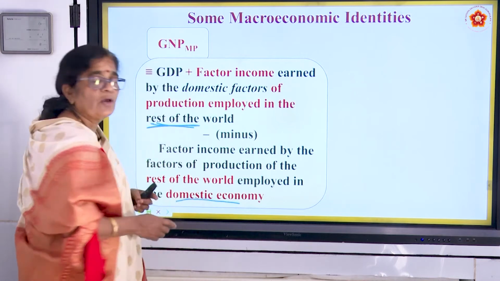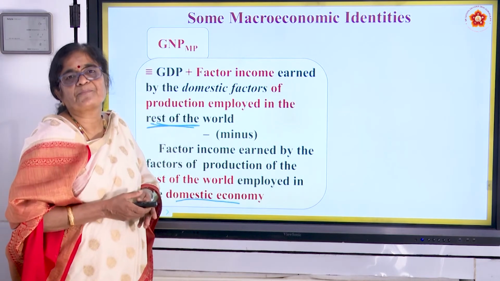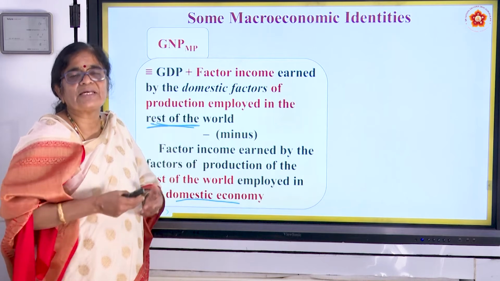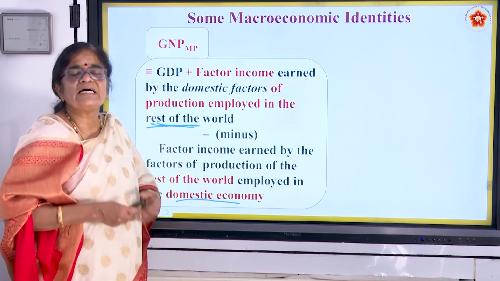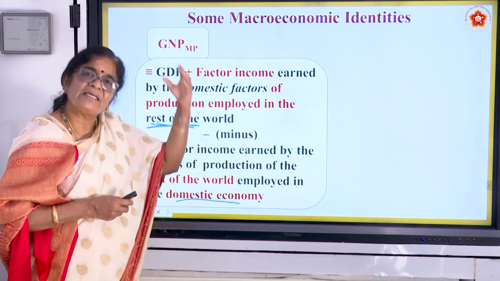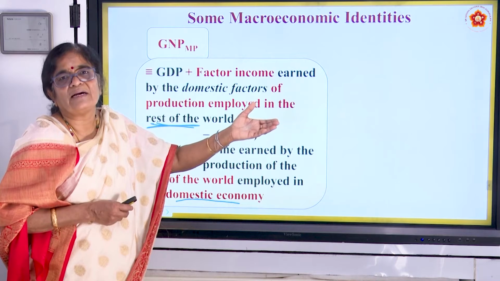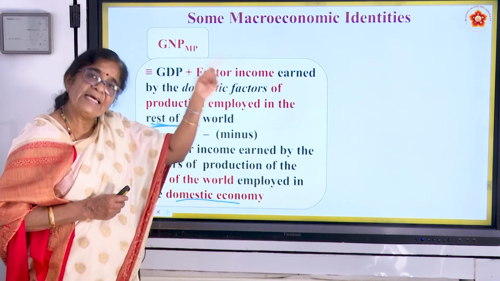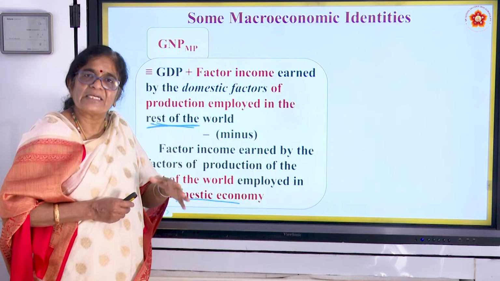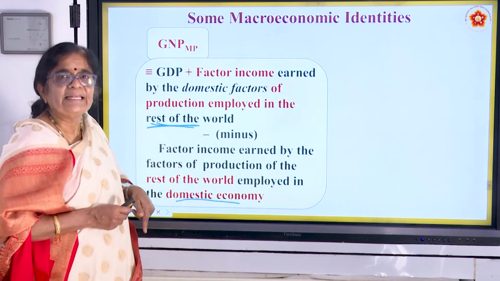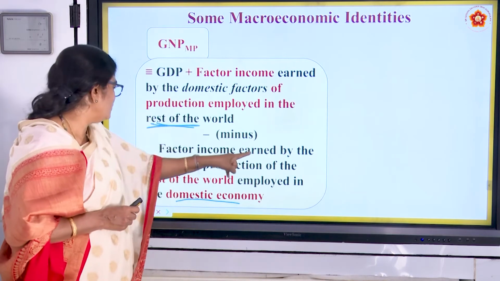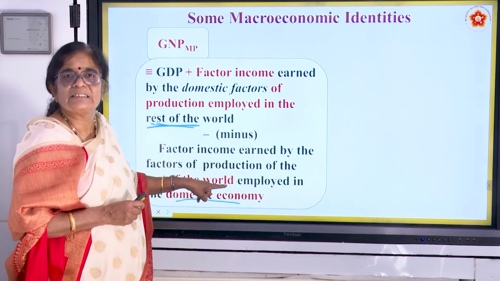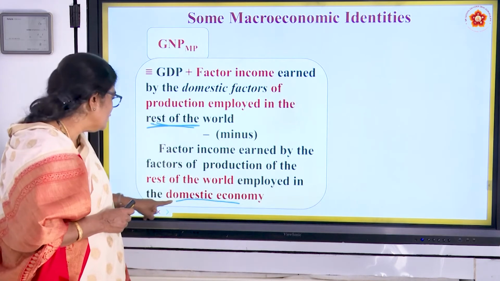For instance, a Korean car factory owns the land and all the factors of production, and they are producing cars in India, but they are citizens of Korea. Then the profit earned should go to their country, even though the production takes place in the domestic economy in India. That is factor income earned by the factors of production of the rest of the world, that is Korea, employed in the domestic economy.